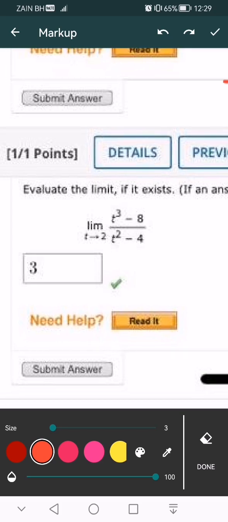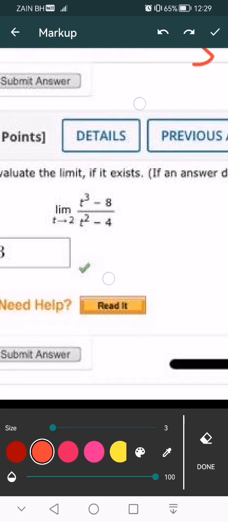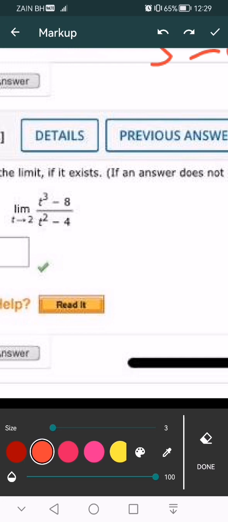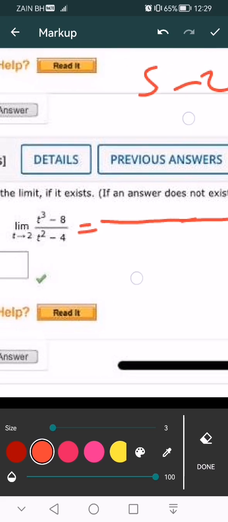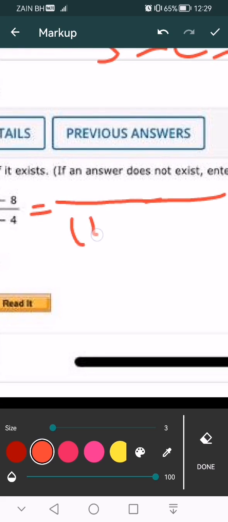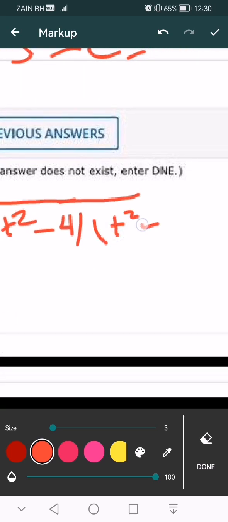This is the main thing. Okay, how can I do this question? Very important question. I have third degree and I have second degree. By factorizing, I can do this one. I can factorize the numerator by t square minus 4 by t square plus 4. Sorry, t square, where did the square come from? t plus 4.